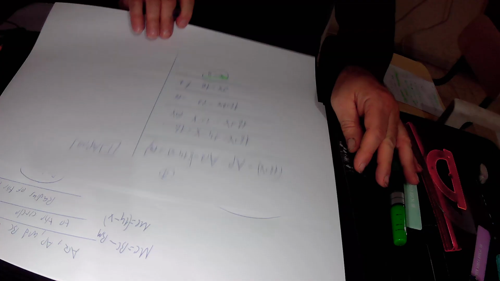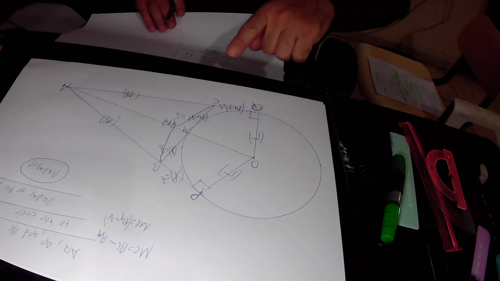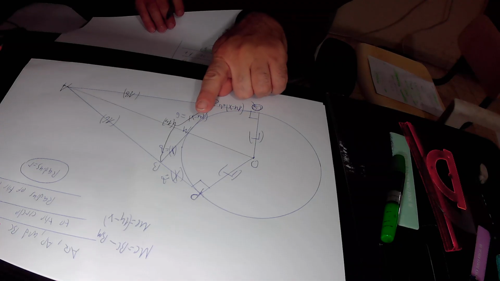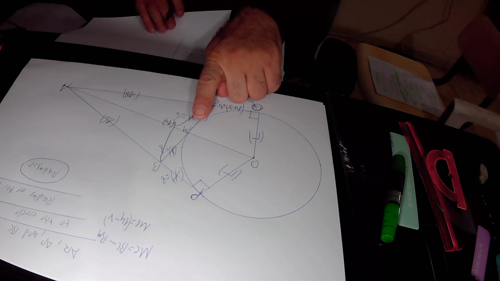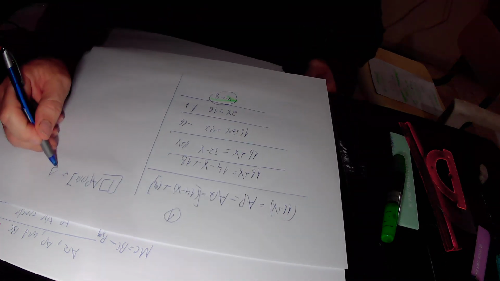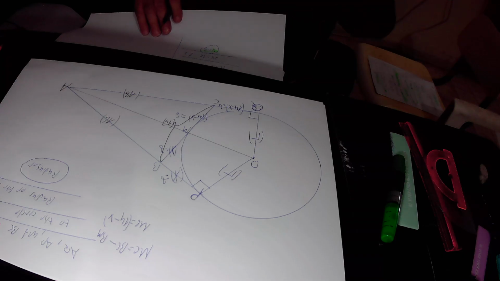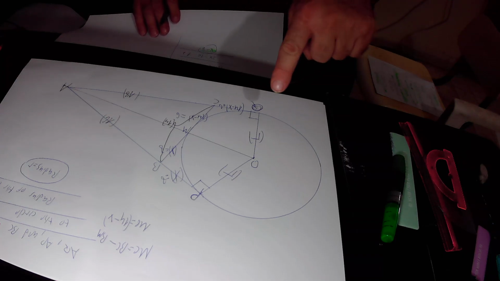So the area of this quadrilateral APOQ must be equal to the sum of the areas of those two components that it consists of. This is the first component that quadrilateral APOQ consists of. This is actually the right triangle APO, plus the area of the second component that quadrilateral APOQ consists of.